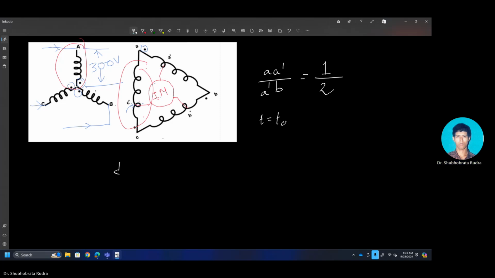So, this is my AC, and I have to place my C dash, and the load will be connected between these CA or AC dash, that we don't know how to determine.